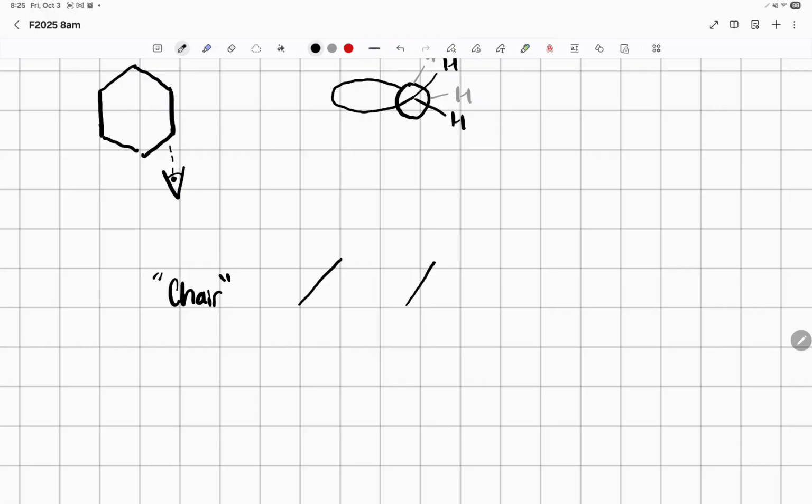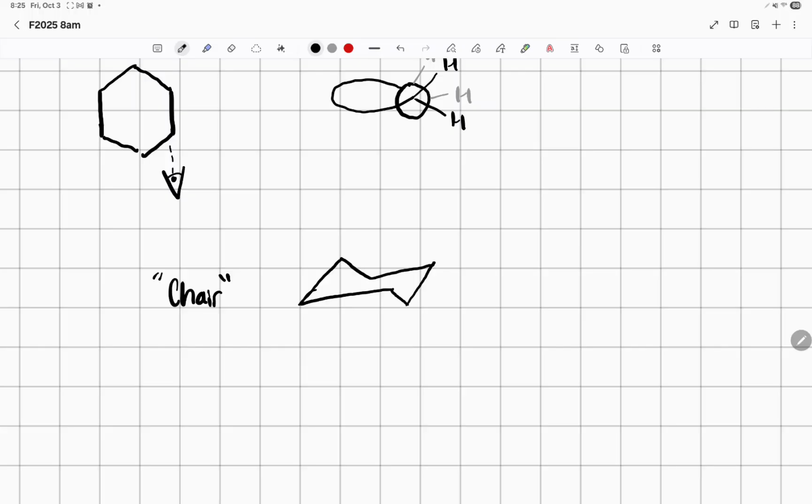So on the top one, if I make that closer to the left, I'll just do a short zigzag and then a longer one as I'm protruding. And then I'll start on the other side. I'll get close to that carbon and then long, out to the first carbon.